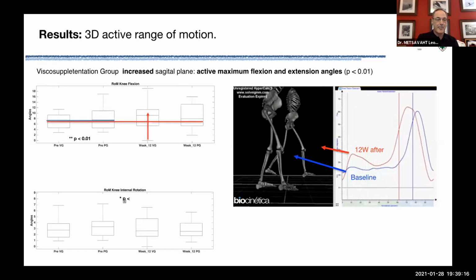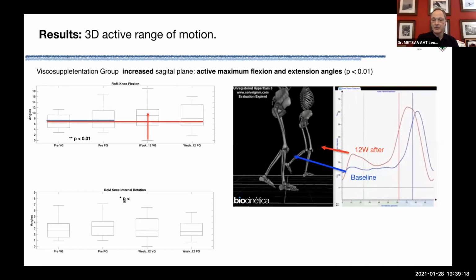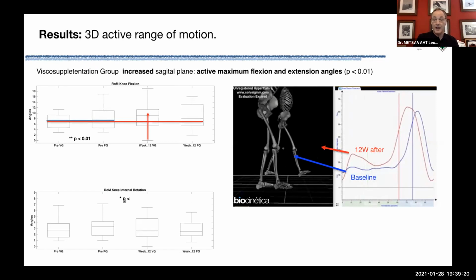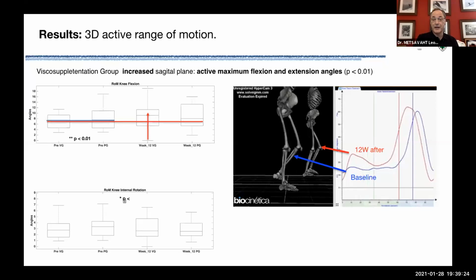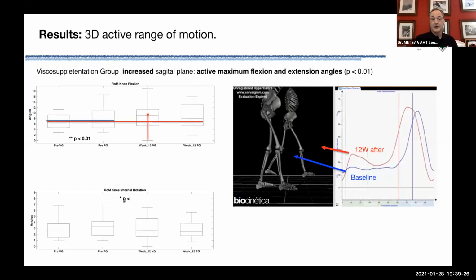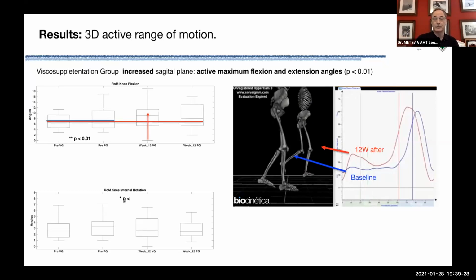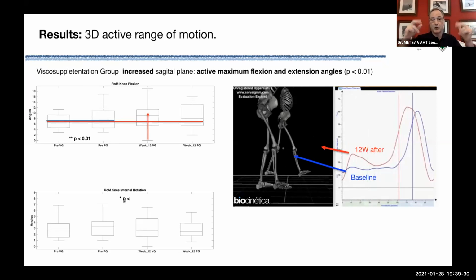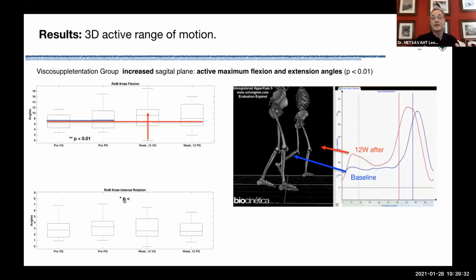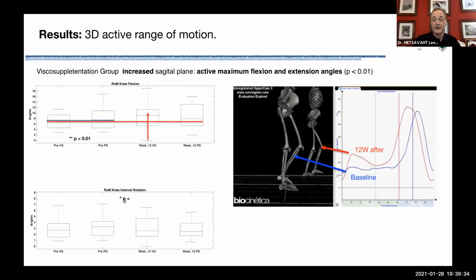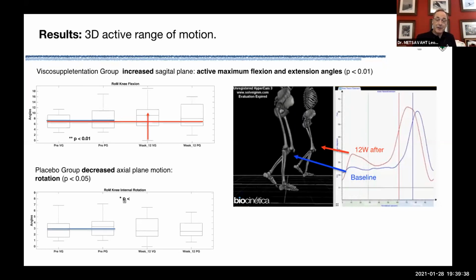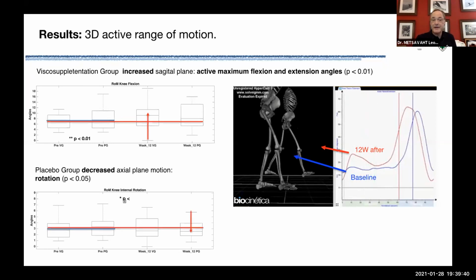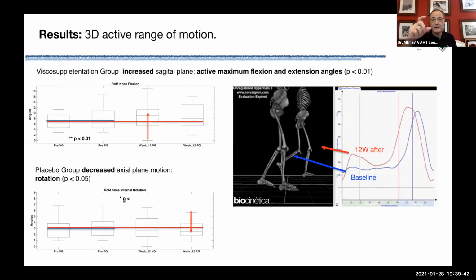So the motion of the knee increased a lot. And what was also very interesting was that these patients returned almost, let's say, close to normal flexion and extension of the knee during gait. And the placebo group decreased actual range of motion.